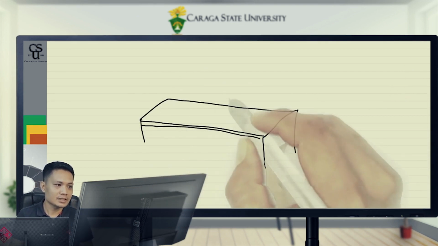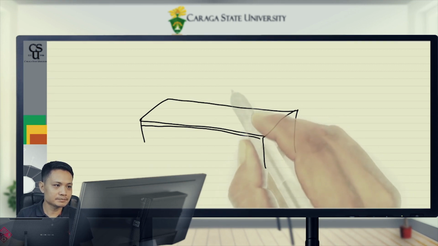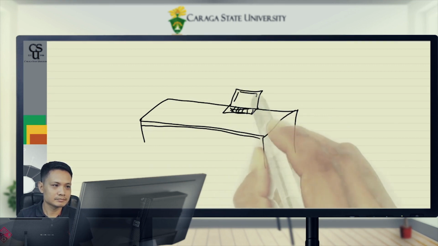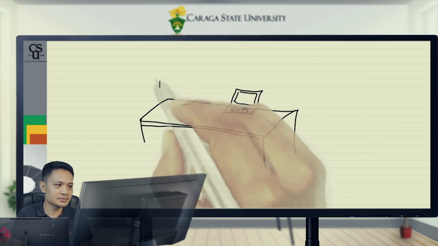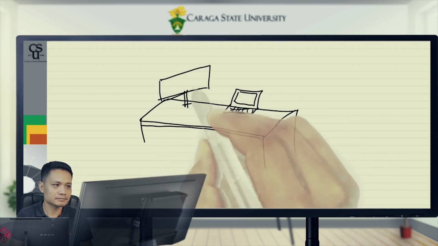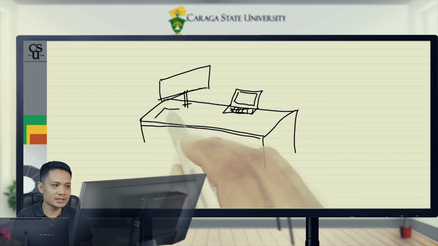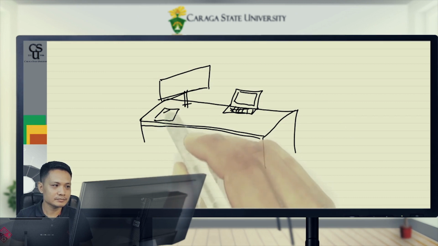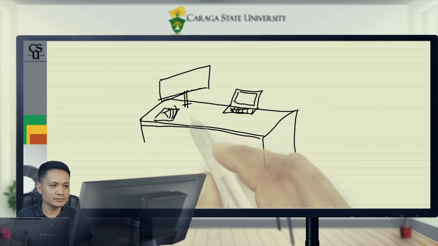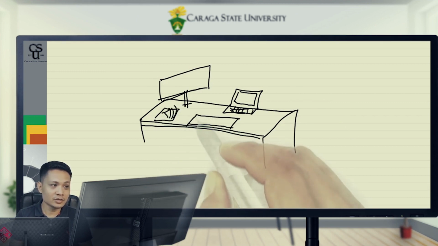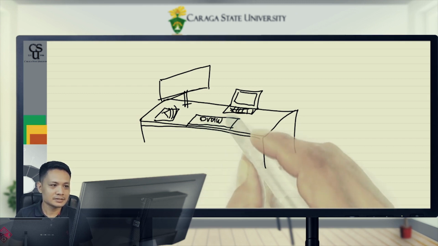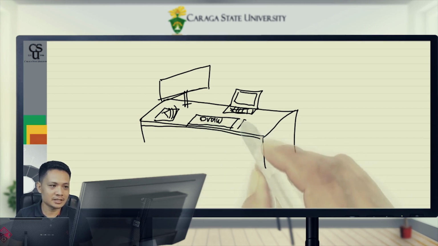To illustrate my setup, I have here my laptop. I have here my secondary monitor. I have here my audio interface. And I have here my drawing tab. And I have here my mouse.